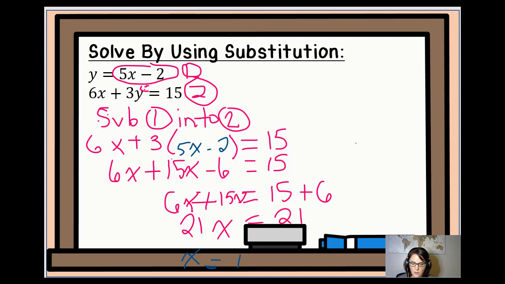Okay, so sub x equals 1 into 1. So y equals 5 times 1, subtract 2.